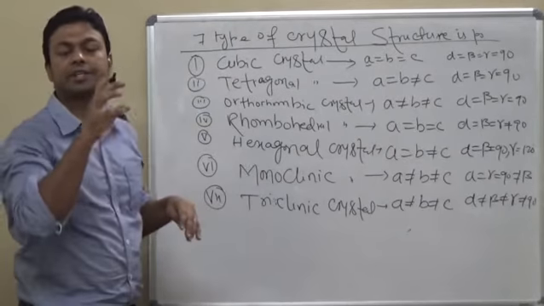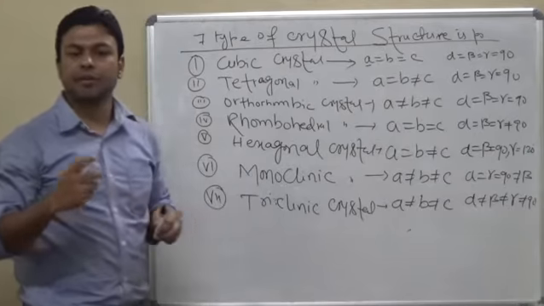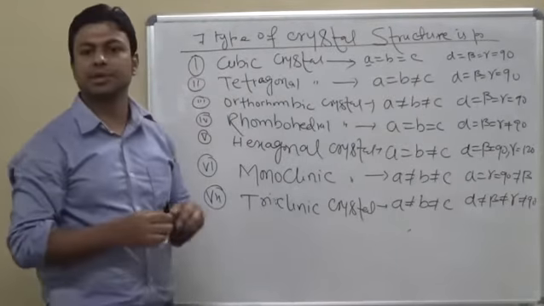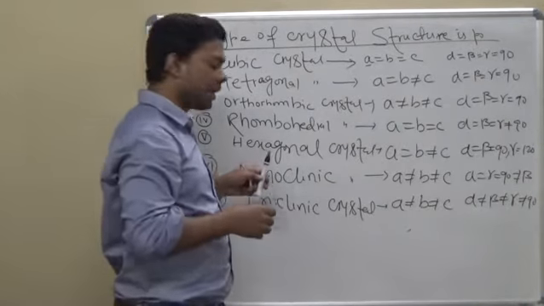Defined based on the arrangement of atoms. So moving to the next, we need to define a unit cell, because whatever the crystal, it is made of unit cells. So we want to describe the unit cell.